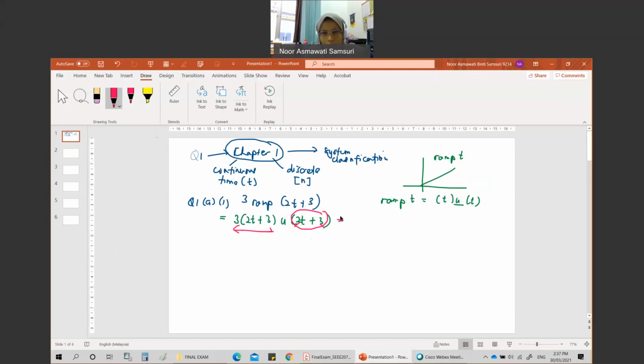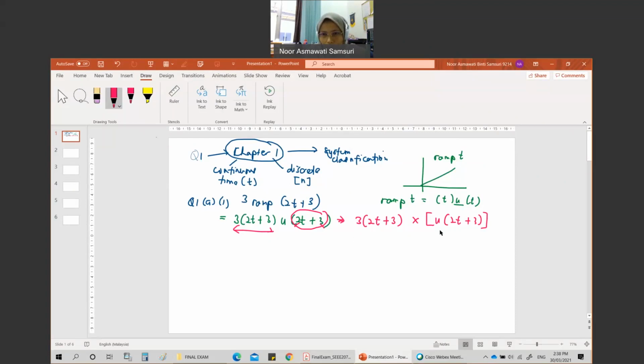So you can't separate this into two components: you have 3(2t plus 3) multiplied with u(2t plus 3). And again, you still have to deal with the time-based operation. When you have more than one operation inside the bracket, I recommend you use method 3, because if you use method 1 or method 2, you may miss some of the steps.